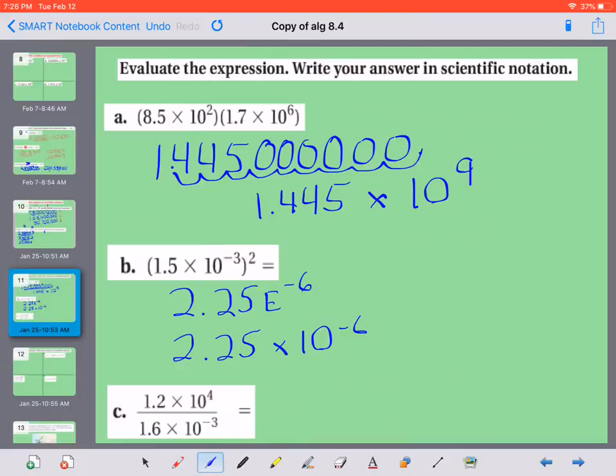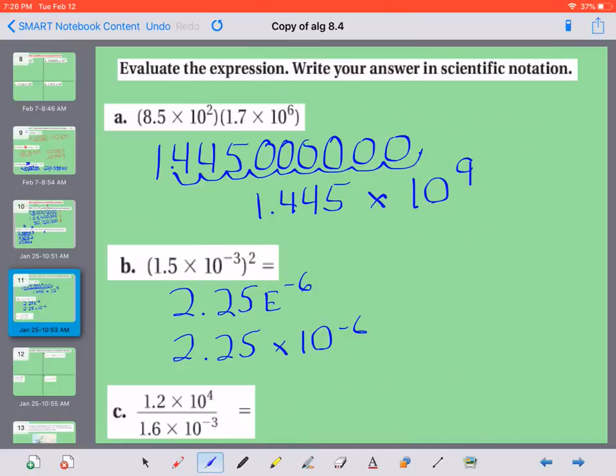Next one, 1.2 times 10 to the 4th power divided by 1.6 times 10 to the negative 3rd power.